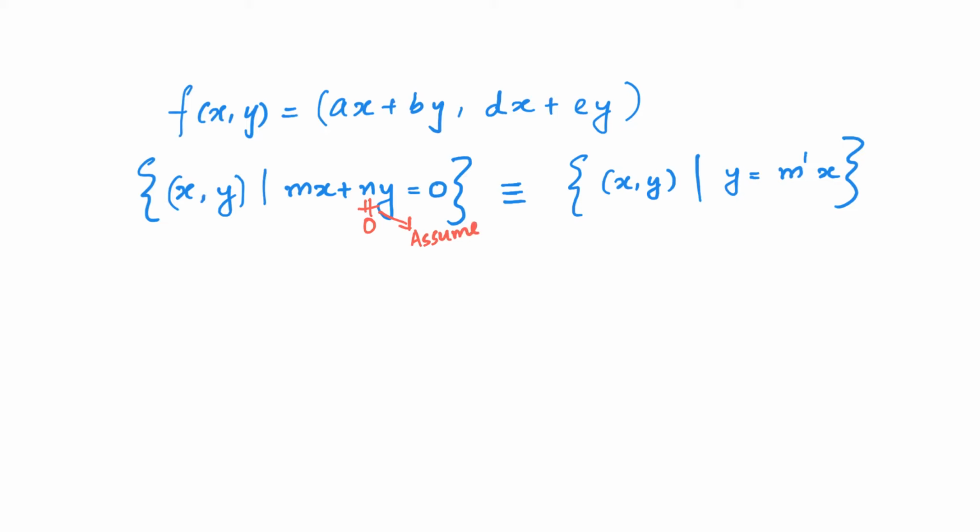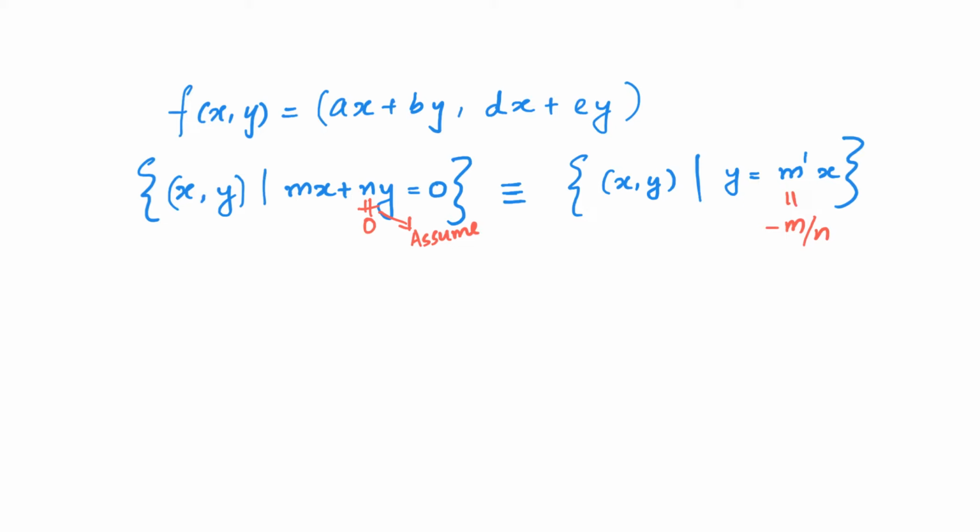The case where n = 0 and m is not equal to 0 is similar and would be given as a homework later. But this can be rewritten as the set of all (x,y) such that y = m'x, where m' is nothing but -m/n.